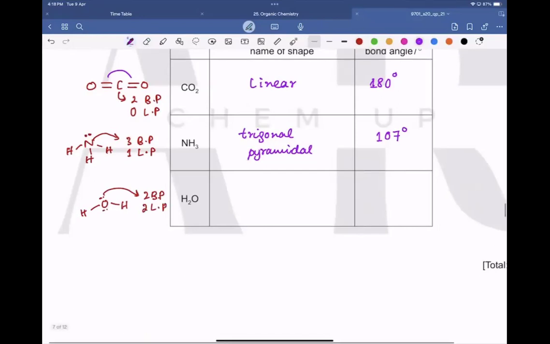So you can write non-linear, you can write angular, you can write bent, you can write V shape. And the bond angle is, yes, Athena, 104.5. Good. So you have to remember these. No, it's not 109, it's 104.5.